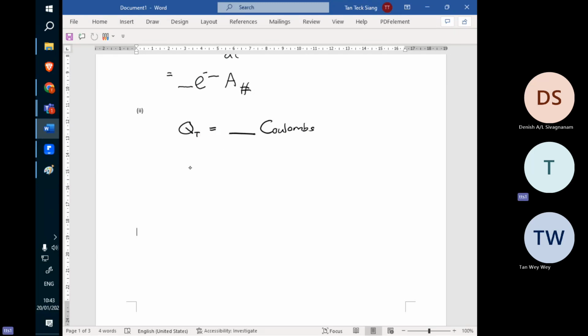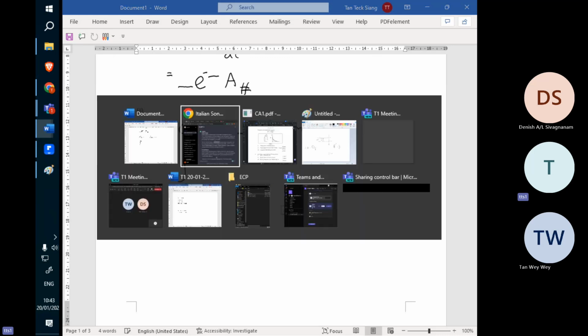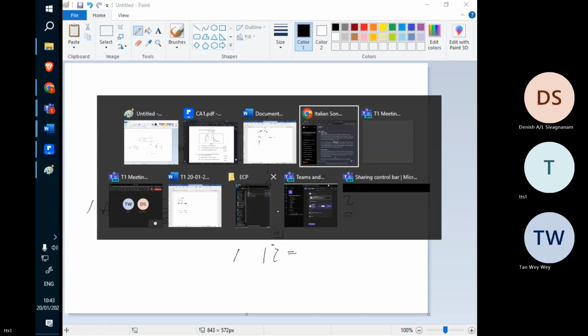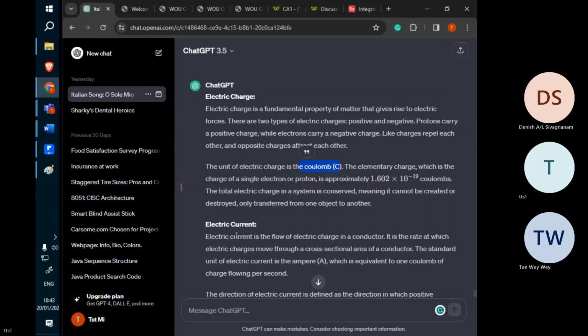The equation we can use, I can tell you straight away, is an integration from 0 to 1 second. The current is equivalent to 1 coulomb of charge flowing per second, but a charge only carries a small amount of coulomb.